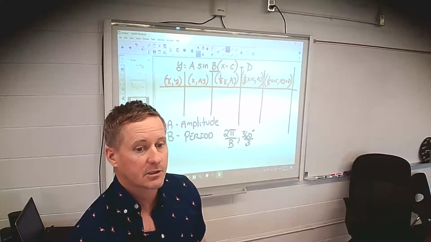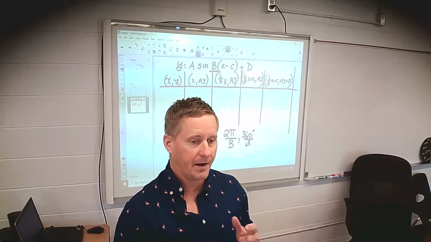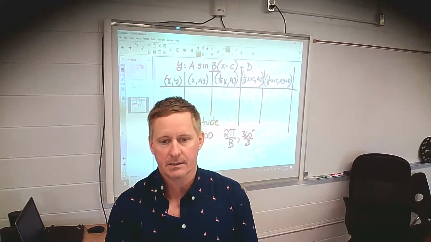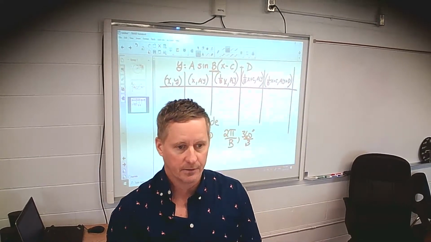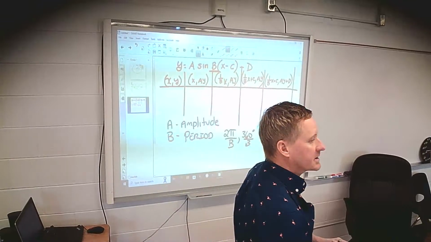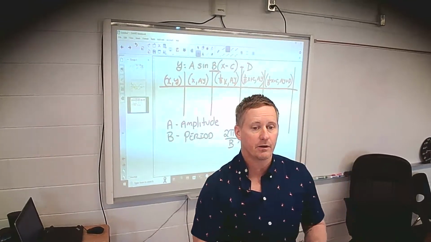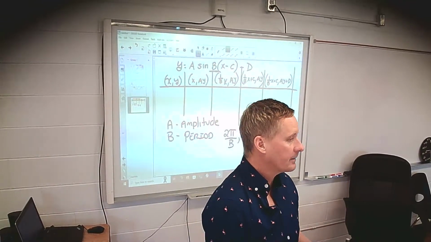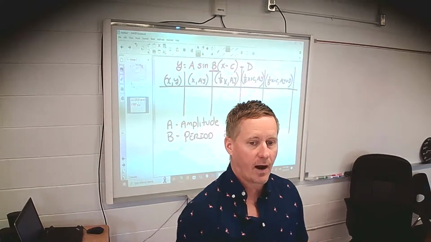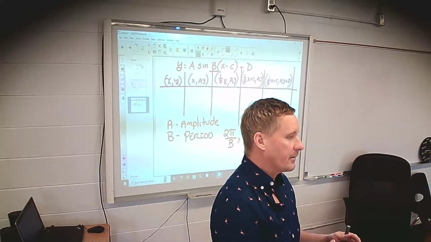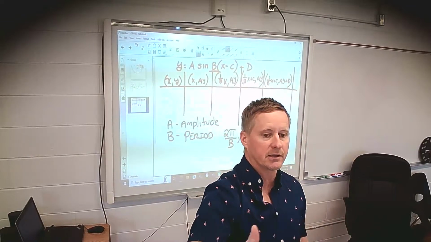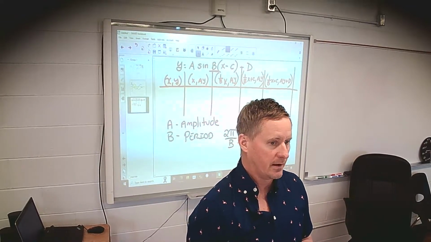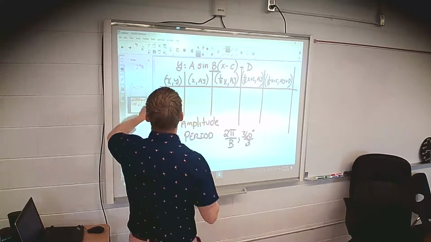It's a lot of work. I'm going to show you 2 ways to graph a trig function, and then it's up to you to decide which way you want. First a newer way, which I think is the easier way. Or the old way, in which we list off the coordinates and then translate the coordinates. It's going to take a little bit of time today.